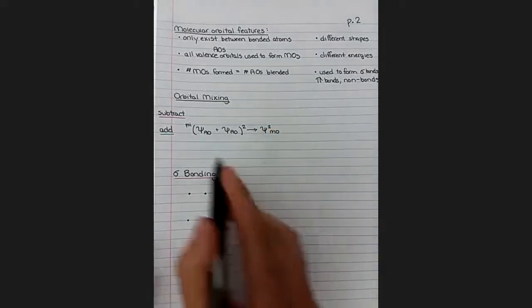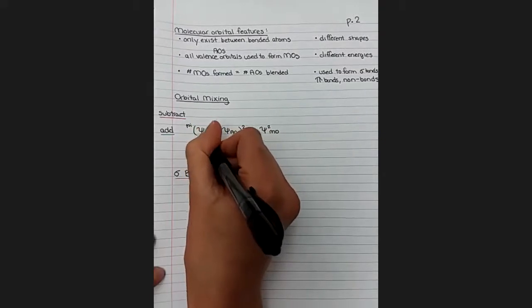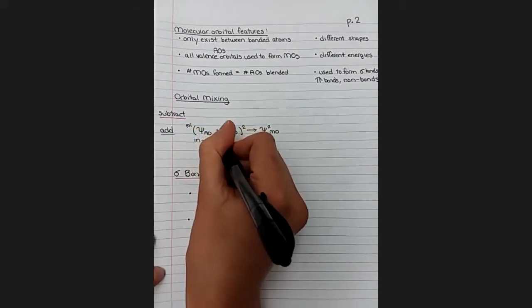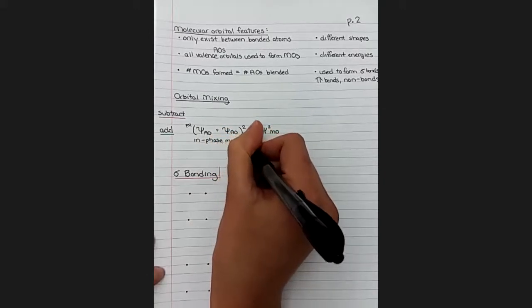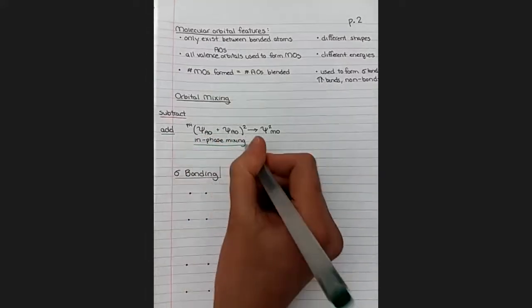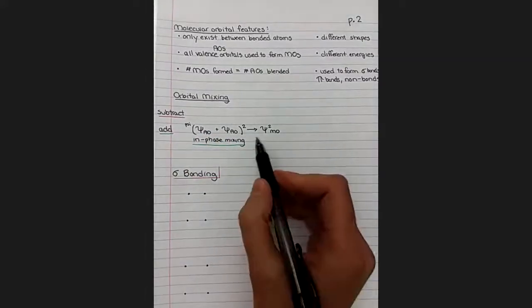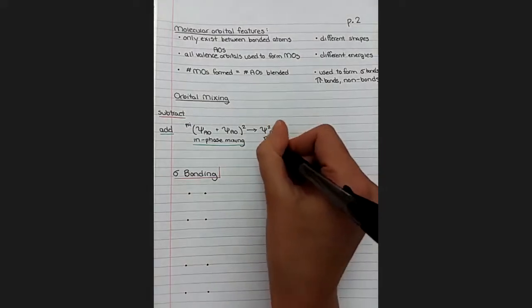In this case, when we are adding them together, this is called in-phase mixing, because those phases that we learned to draw in the previous video are going to line up. We're going to have the same phase overlapping with the same phase. And so this is going to form what's called a bonding orbital.